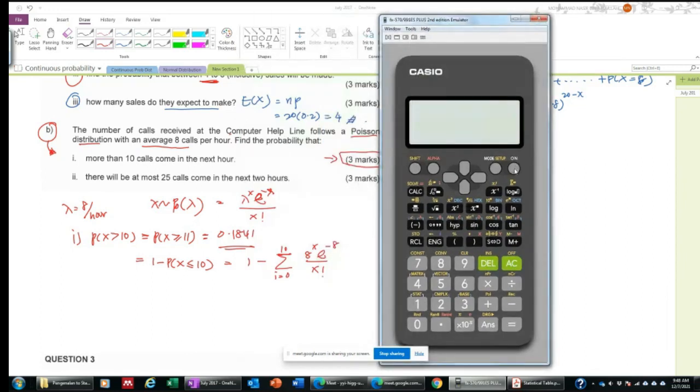You need to make sure you input 1 minus the sum total, and then you input 8 power of X multiply with exponential negative 8 divided by X factorial. This is from 0 to 10. So you should get the same answer, right?